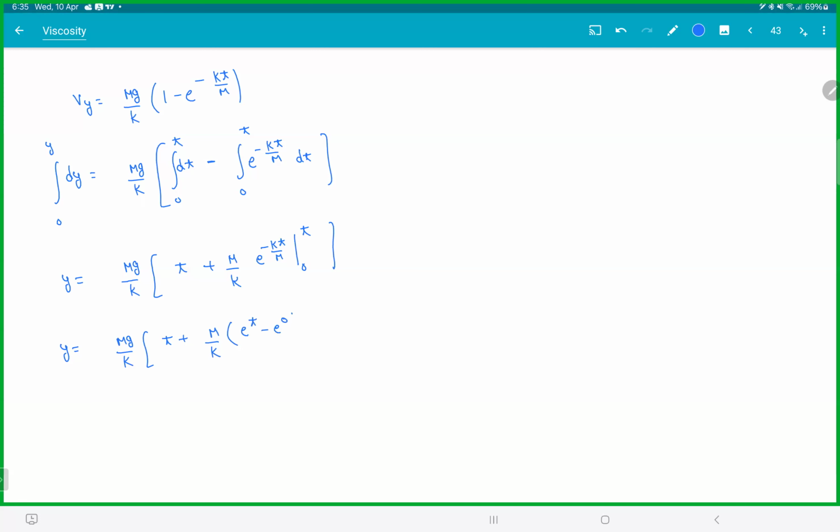E power t minus e power 0. That's your y coordinate as a function of time t.